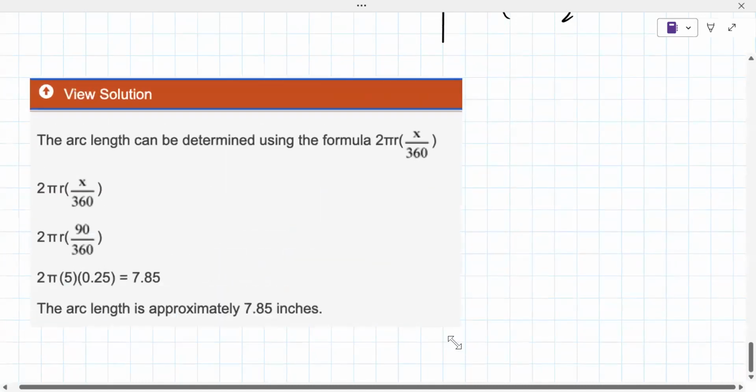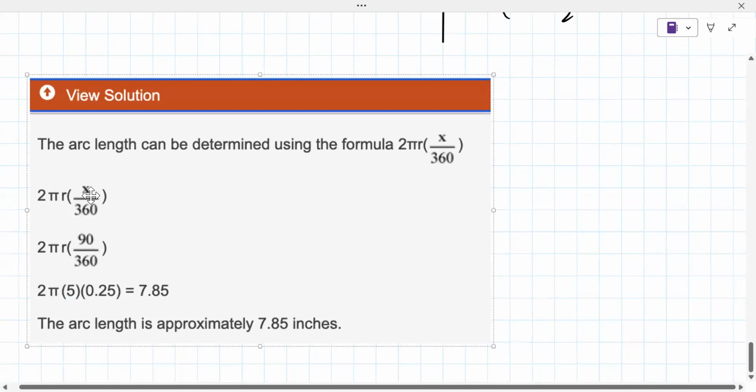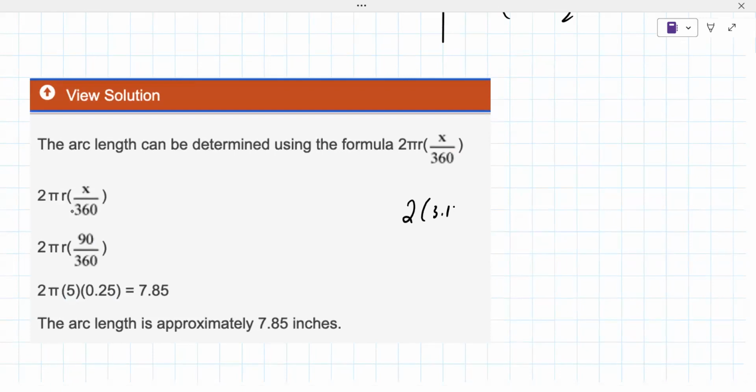This is the same formula. It's the angle out of 360 times 2 pi r. That's what we're doing. It's 2 times 3.14. The radius is 10. The angle is 90 out of 360. It's the exact same formula.